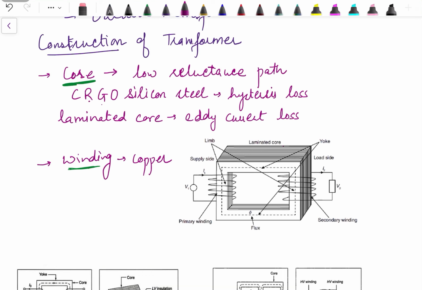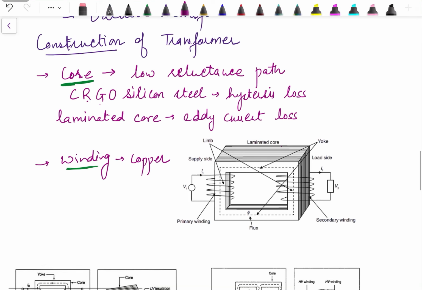The reason for selecting copper is high conductivity and high ductility. So these are the two properties which make copper suitable for the winding.